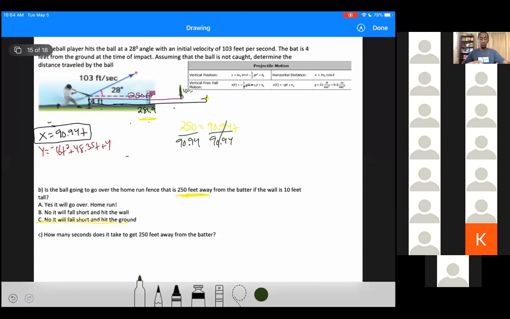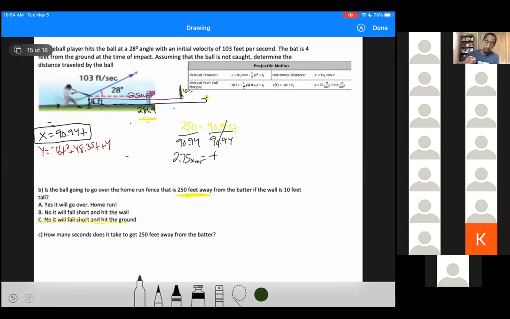250 divided by 90.94. Use my phone calculator. 250 divided by 90.94. So T would be 2.75 seconds. So it takes 2.75 seconds for the ball to get 250 feet away.